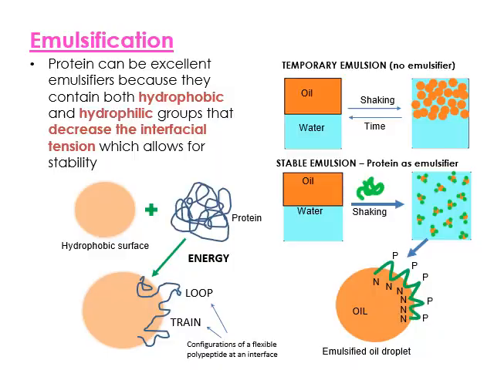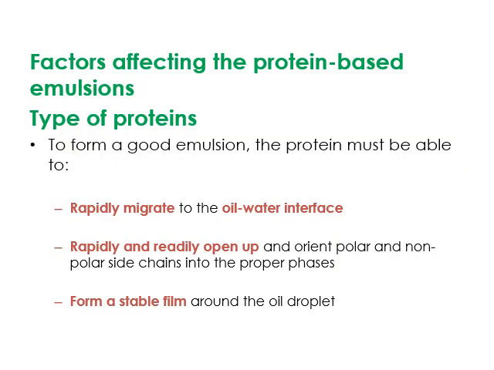There are many factors that affect the protein-based emulsion. One is the type of protein. So for protein to be a good emulsifier, it has to be able to rapidly migrate to the oil-water interface and then readily open up and orient its polar and non-polar side chain to the proper phase, and lastly form a stable film around the oil drop.